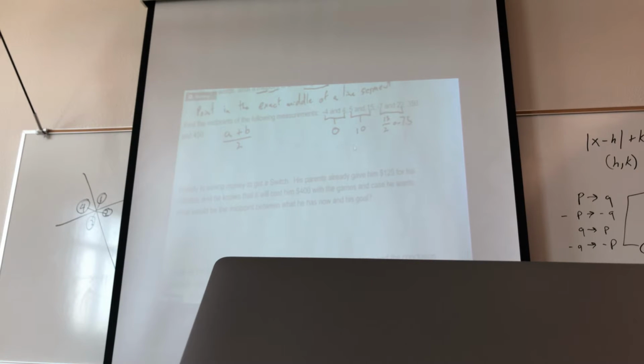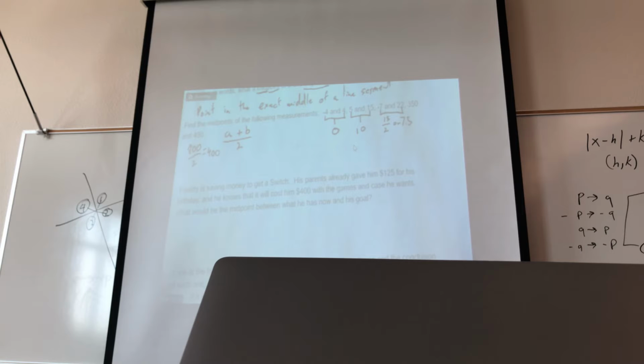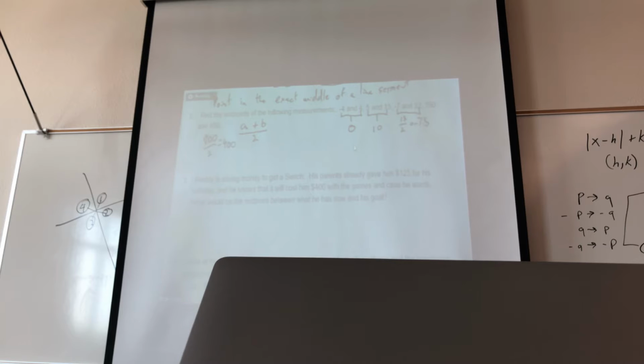And then the last one, halfway between 350 and 450. I already know what that should be off the top of my head, but just in case you're not sure, 350 plus 450 is 800, divided by 2 is 400. So the midpoint of 350 and 450 should be 400. Hopefully none of that provided too much of a challenge.